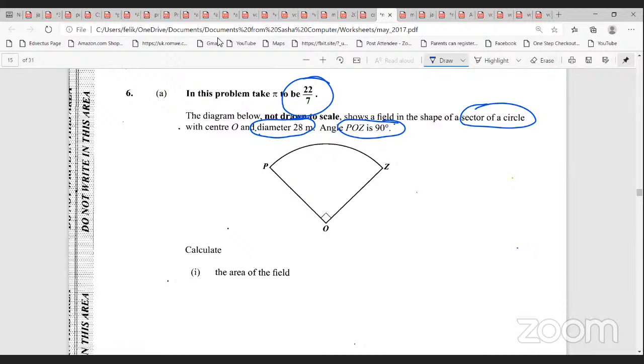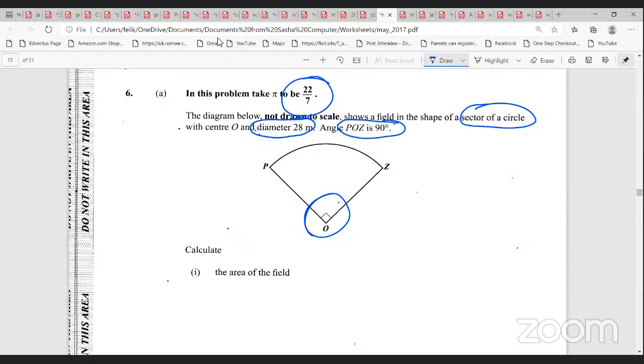the first thing that we need to write down is the formula for finding area of a sector. Even if you just write down the formula for finding area of a circle first, and then bear in mind that you're not doing the entire circle, you're just doing part of the circle, and then write down the degrees of what is given over 360 would be the same thing. All right. So the first thing I want you to remember is the formula for finding area of a circle.